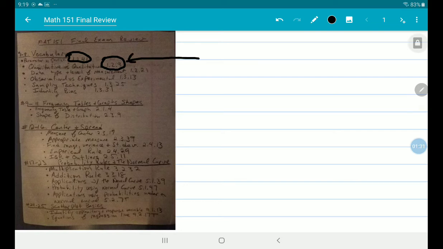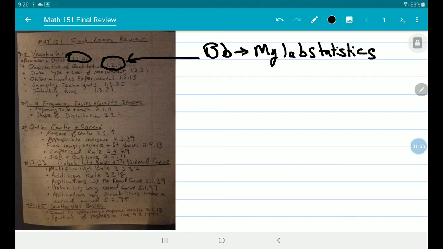By each topic, these numbers are going to help you prepare for your final exam. How these numbers help you prepare is in your Blackboard shell. In Blackboard, when you go to MyLab Statistics, we're going to go to something called the study plan.